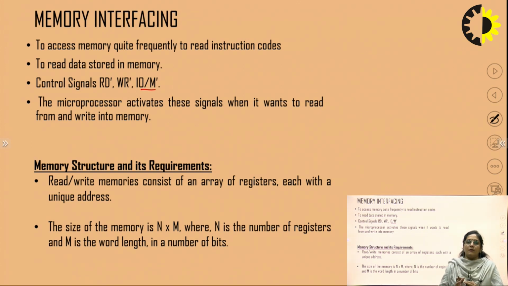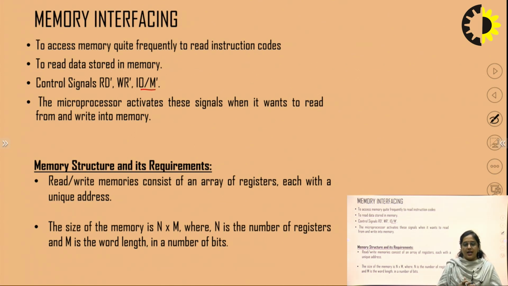Now when this is happening, first of all we have to make a hardware structure, we have to make some interfacing signals, we have to make the connection between memory and the microprocessor.